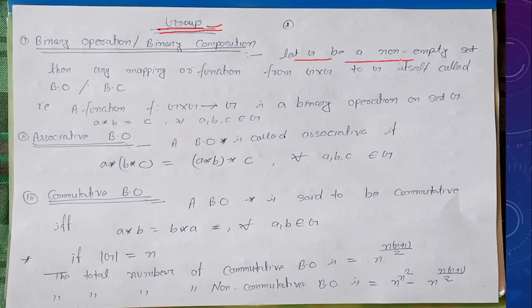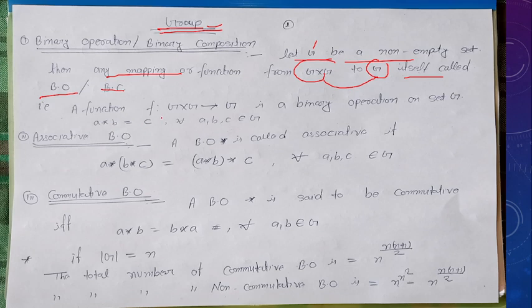Let G be a non-empty set, then any mapping or function from G cross G to G itself, meaning the ordered pair and the codomain both come from the same set G, is called a binary operation or binary composition.